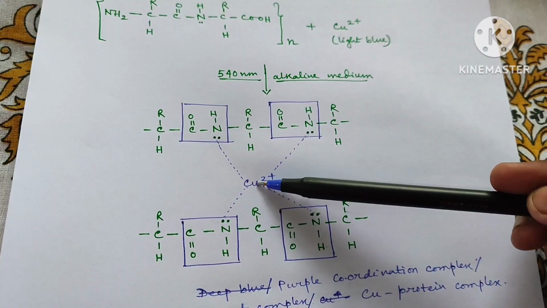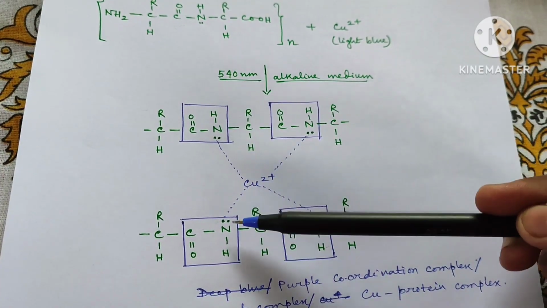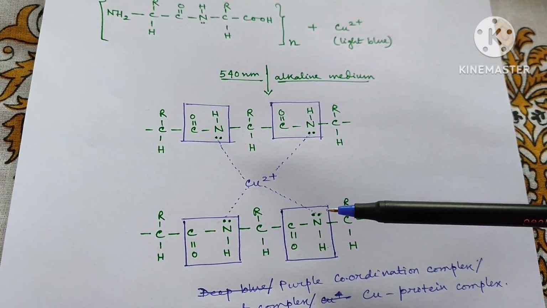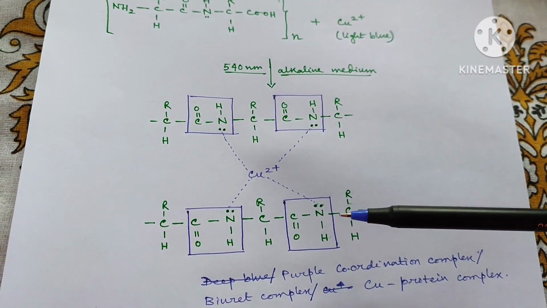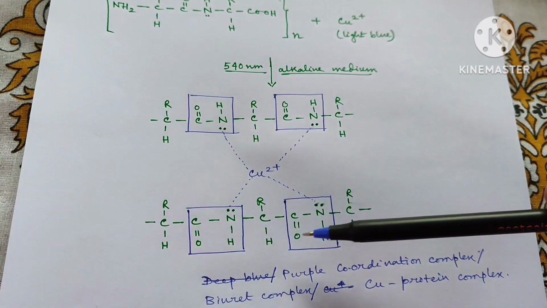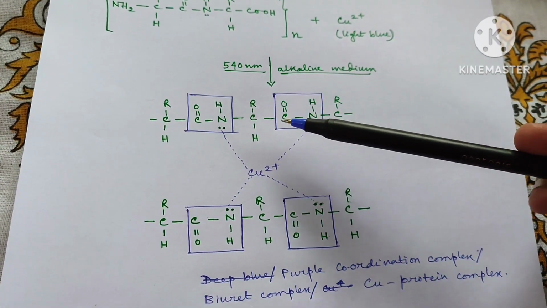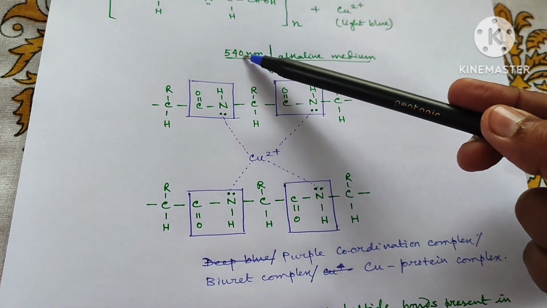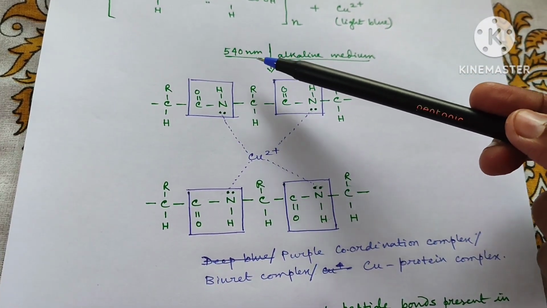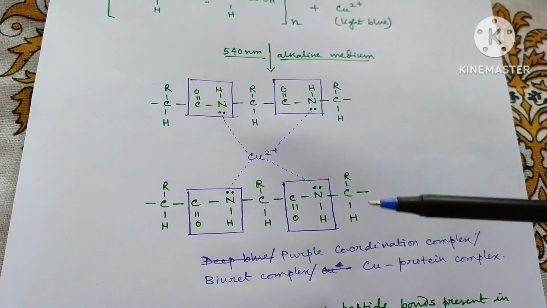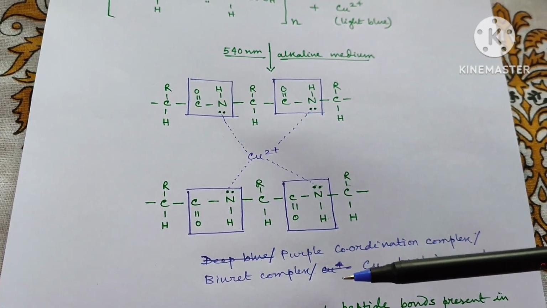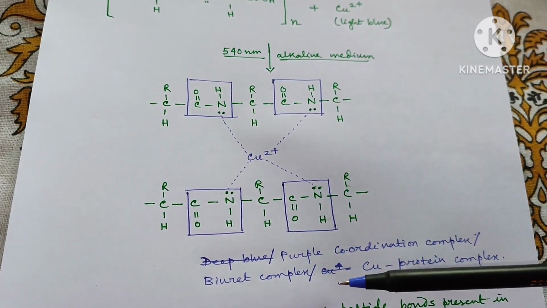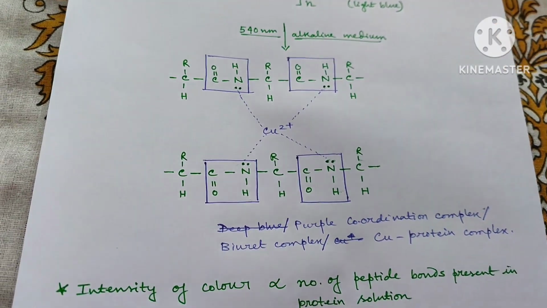Okay, and thus Cu2+ will chelate the peptide bonds, the lone pair of nitrogen of the peptide bonds. Okay, and it will form a complex known as copper protein complex or coordination complex, which will absorb the light at 540 nanometer and will give purple coloration or violet coloration. This complex is known as purple coordination complex or Biuret complex or copper protein complex.